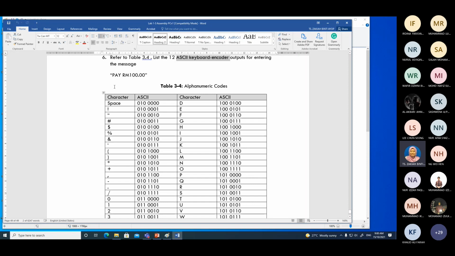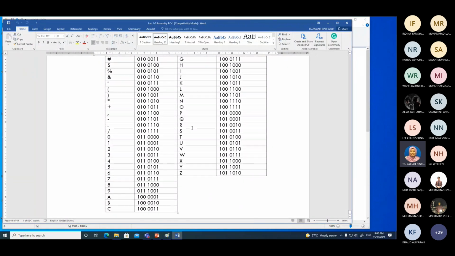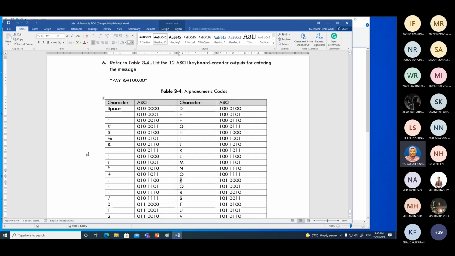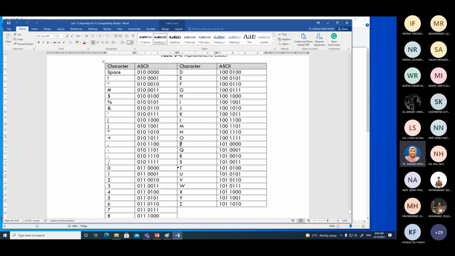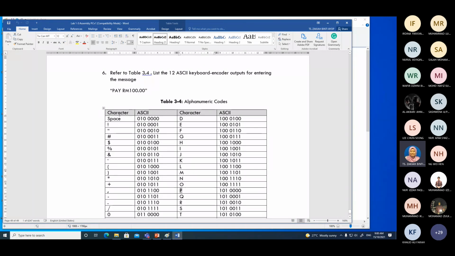Let's say you type P, then this one is 1010000. But remember, this is only a portion of it. When you want a full ASCII table, you can just Google the ASCII table.